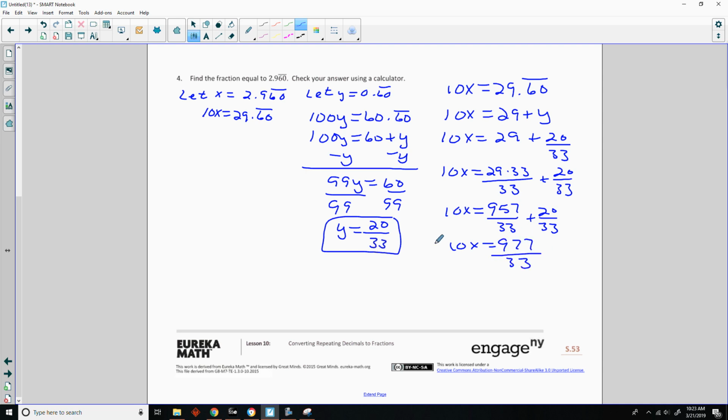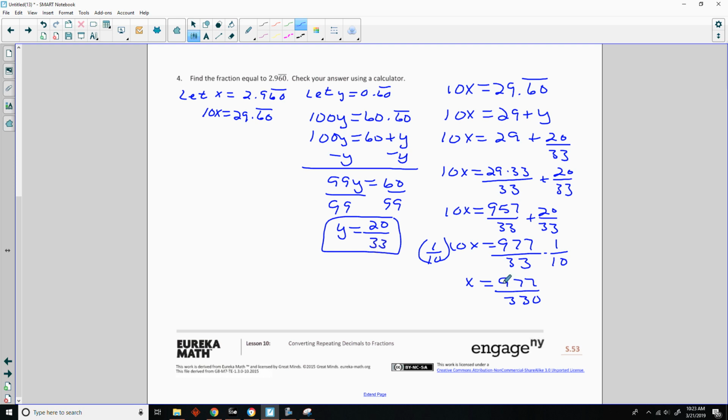Multiply both sides by a tenth. And these cancel, and I get x equals 977 over 330. And that does not reduce.